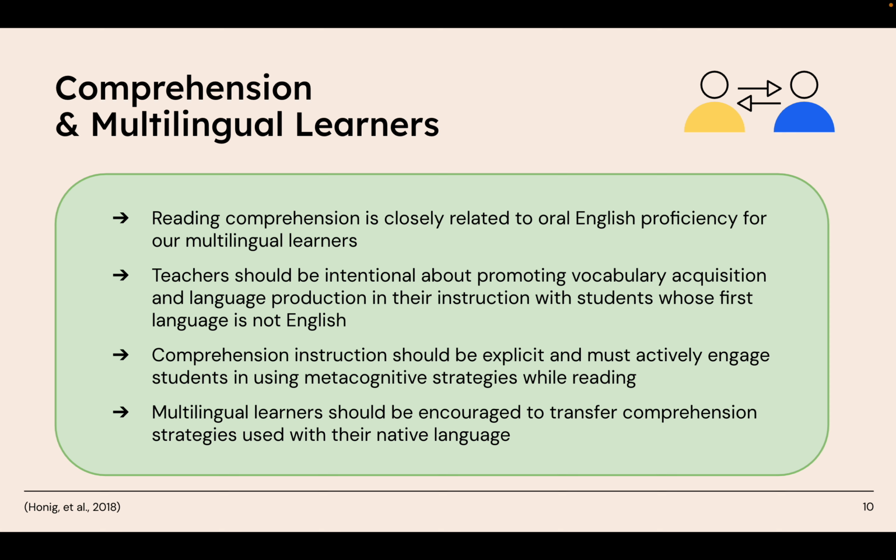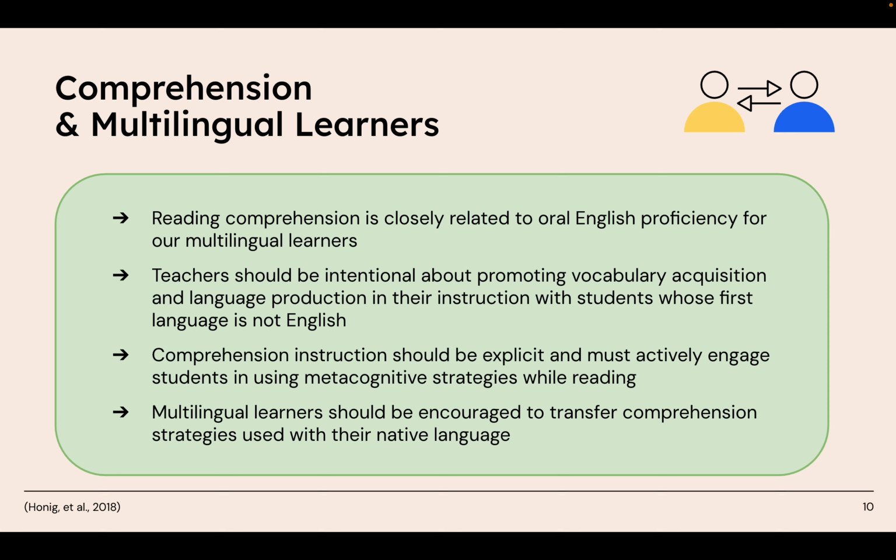So comprehension and multilingual learners is a really important topic because in previous presentations, I've talked about how vocabulary is so crucial for our multilingual learners, and comprehension really is heavily impacted by oral language skills and vocabulary. So those are closely related.